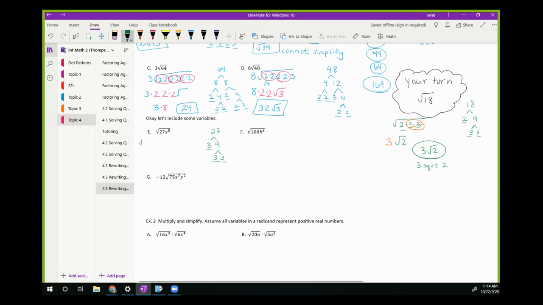So underneath my radical, I'm going to write 3 times 3 times 3. Then I have x to the 5th. X times x times x times x times x, right? I have 5 of them. If I'm raising something to the 5th power, like an x, I'm just multiplying by itself 5 times.